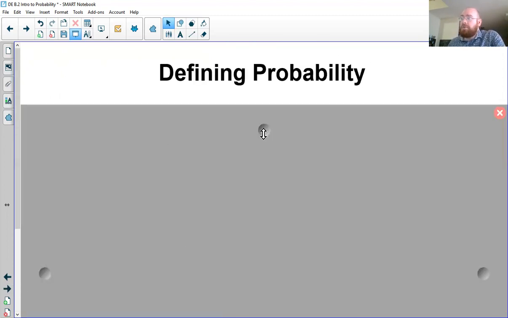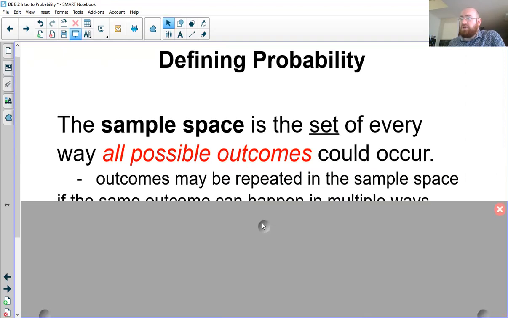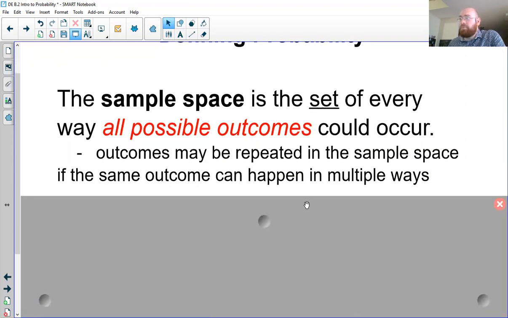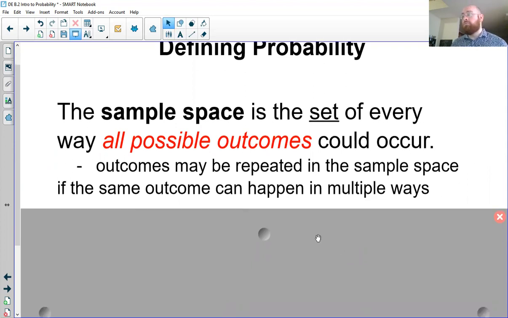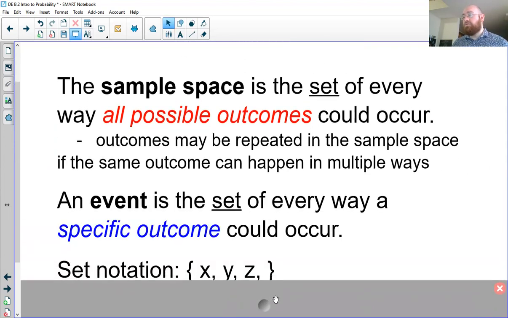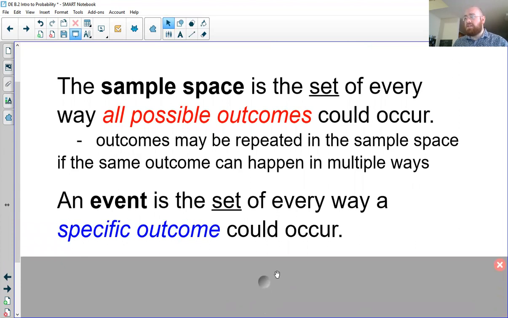So to define probability itself, we first need to define a sample space. Remembering that definition we just had, the sample space is the set of every way all possible outcomes could occur. Note that outcomes may be repeated in the sample space if the same outcome can happen in multiple ways. The event is the set of every way a specific outcome could occur.